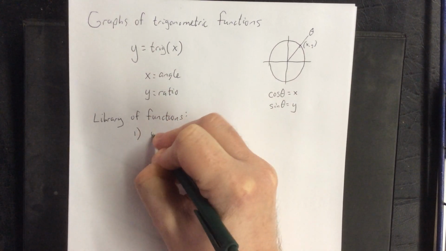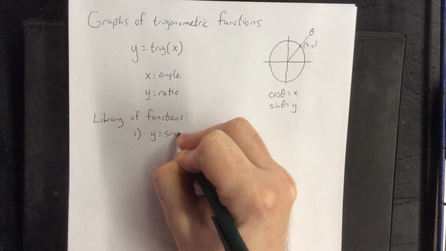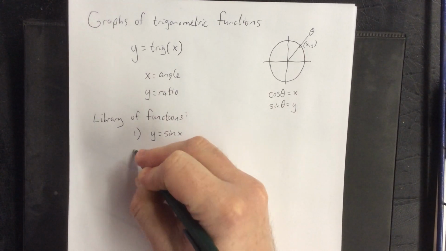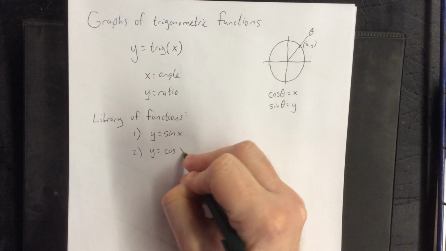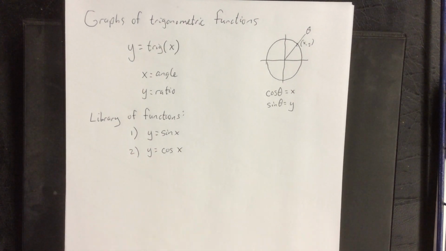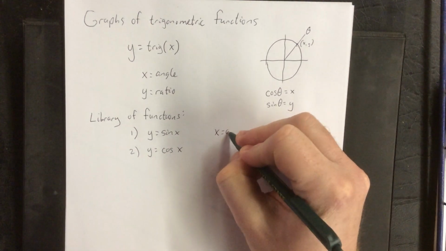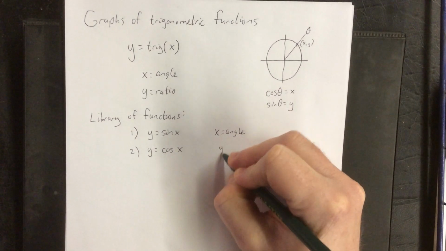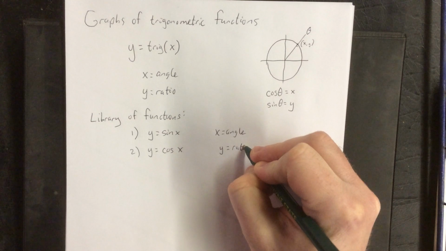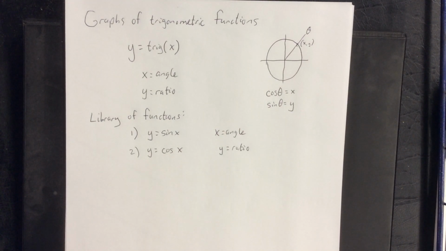And the 2 that we're going to add today, we're going to bring in y equals the sine of x, as well as y equals the cosine of x. So in both of these cases, x is referring to your angle, and y is referring to the corresponding ratio, regardless of whether it's the sine or the cosine of that angle.